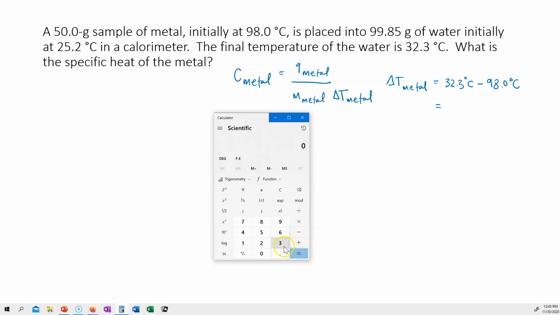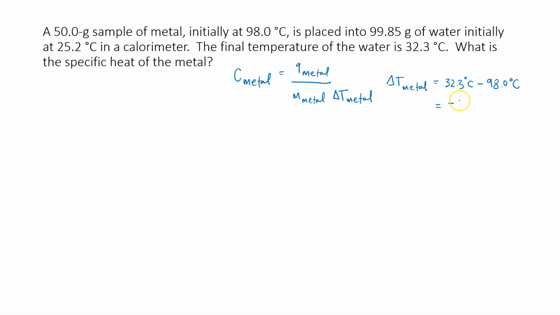We're going to have 32.3 minus 98, which is negative 65.7. So that was one mistake that I made on the first video I did, was I calculated the delta T wrong. And we know the mass of the metal. The mass of the metal is given, and it's 50.0 grams.